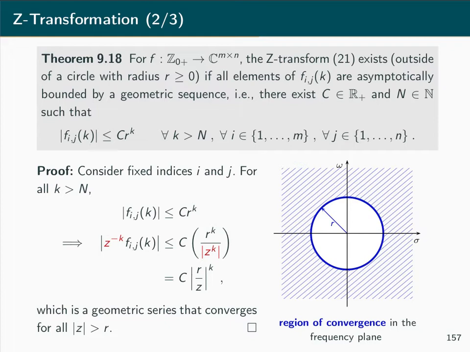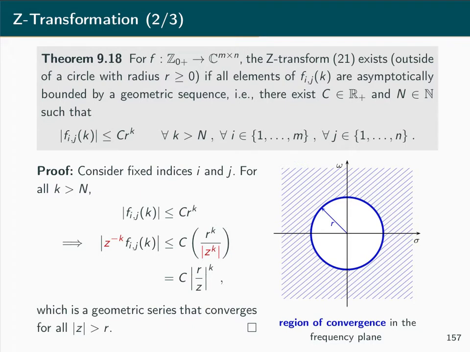In fact, as stated in Theorem 9.18, for a given time domain function f, the corresponding z-transform exists outside of a circle with a certain radius r if all elements of the time domain function f_ij of k are asymptotically bounded by a geometric sequence, which means that there must exist a positive constant c and a natural number n such that each matrix element f_ij of k must be bounded in absolute value by c times r to the k, which must hold for all time indices k beyond the time index n.